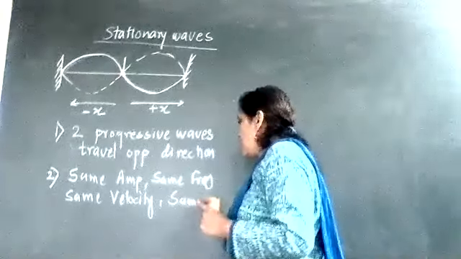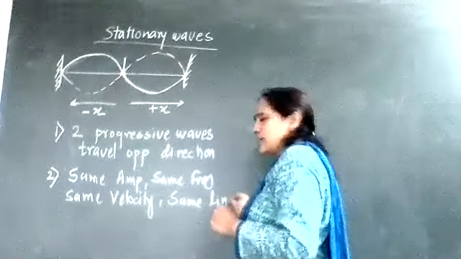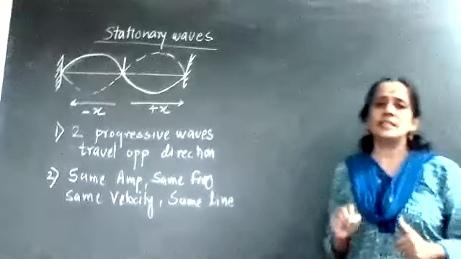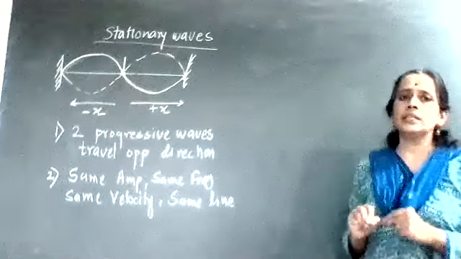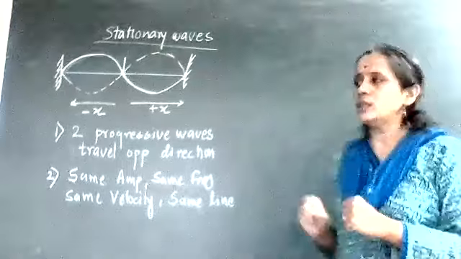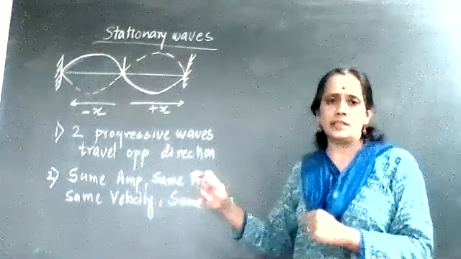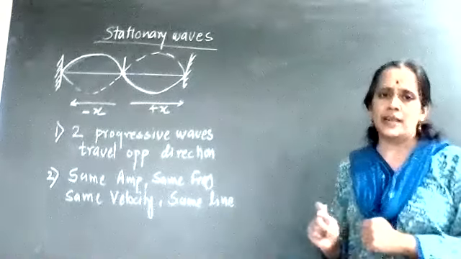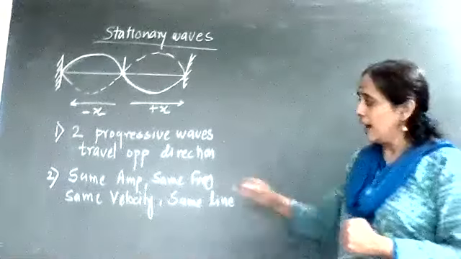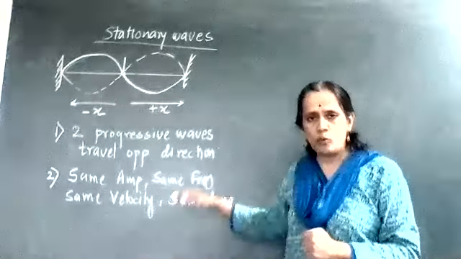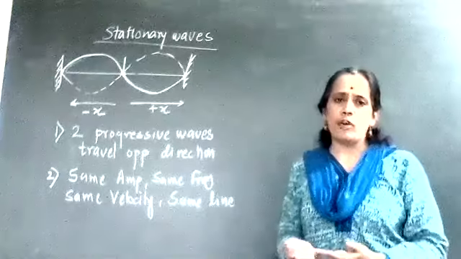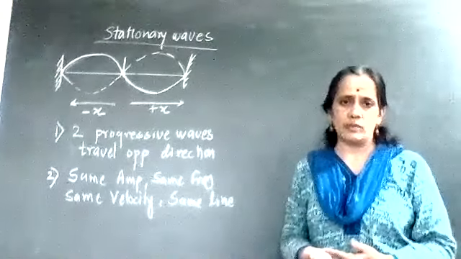Means either the x-axis, y-axis, or z-axis. The compulsory thing is that both waves should travel along the same axis. And when such waves get superimposed, there will be a formation of stationary waves.